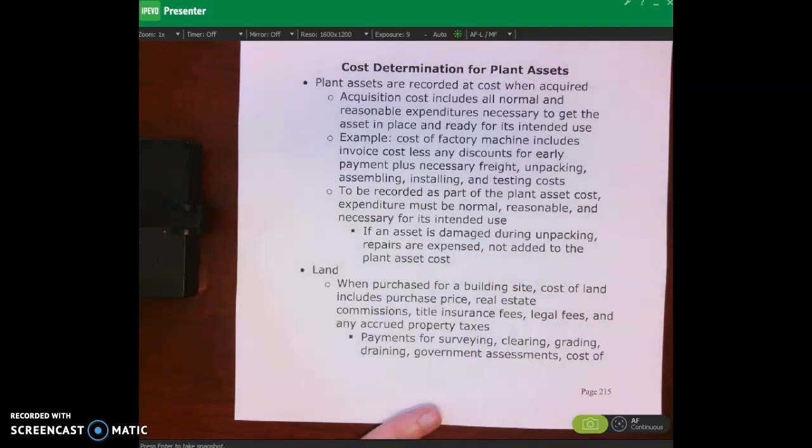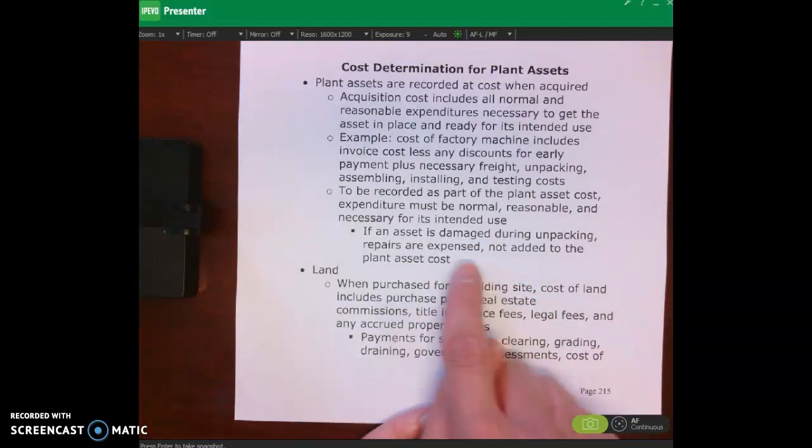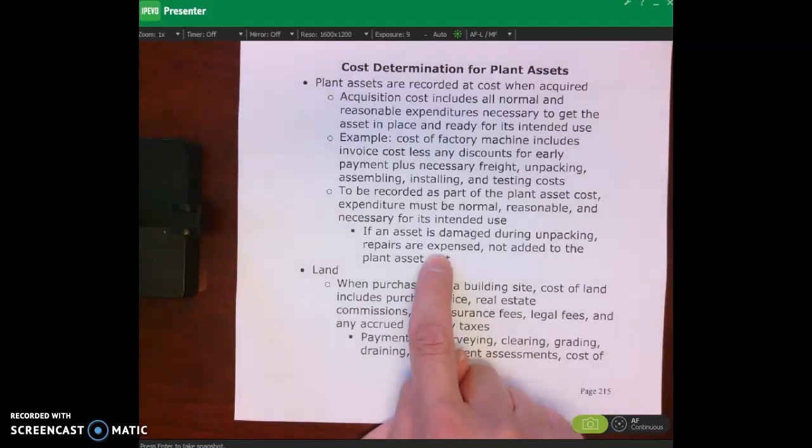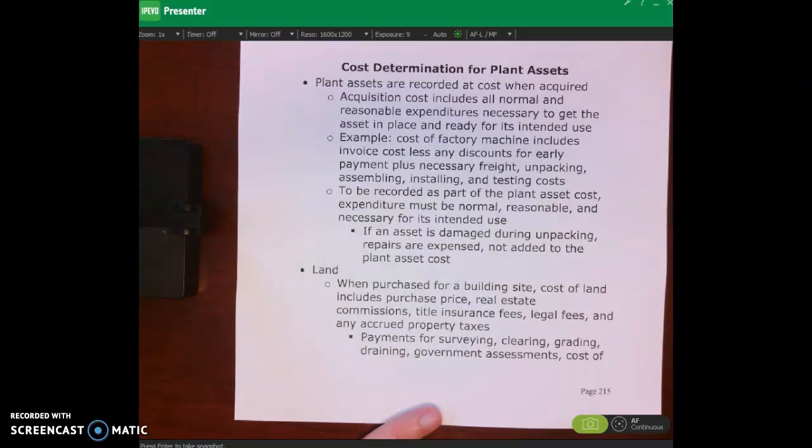Well, is it normal and reasonable that we would expect the asset to be damaged during unpacking? I hope not, because then that's probably not a supplier that we want to deal with anymore, right? If we always expect that it's going to be damaged, we need to go to another supplier. So it's not normal and reasonable that we would expect it to be damaged during unpacking. So therefore, we can't include that in the cost of the building when we debit building.